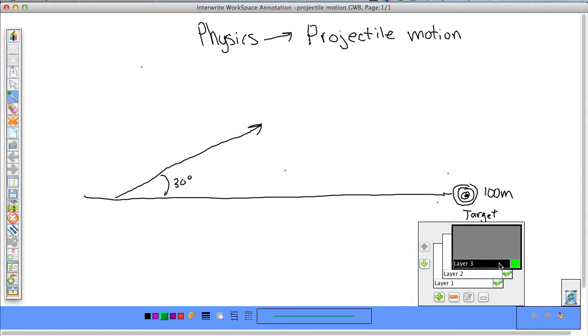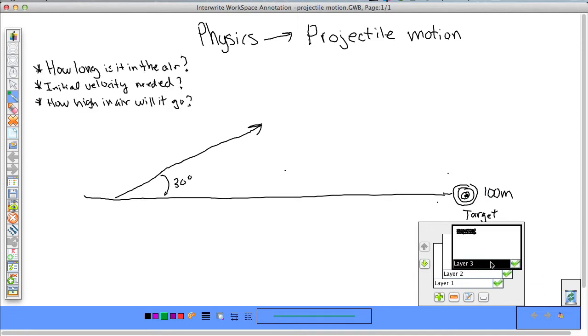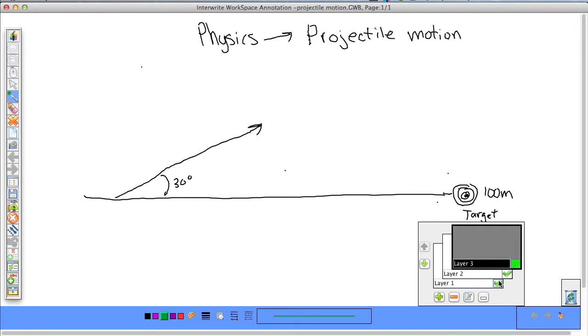This is all the information you have: a 30-degree angle and a 100-meter target. These are the questions we'll be able to answer once we learn how to do projectile motion: how long it will be in the air, the initial velocity needed, and how high it will go at its highest arc. We'll get back to those questions in just a second.